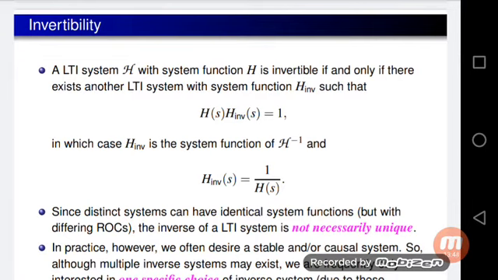In the previous class we also discussed invertibility. An LTI system with system function H(s) is invertible if and only if there exists another LTI system with system function H inverse of s such that H(s) times H inverse of s equals 1.